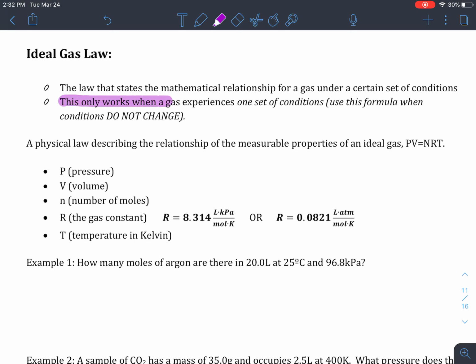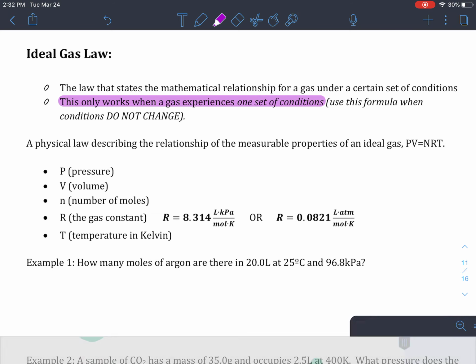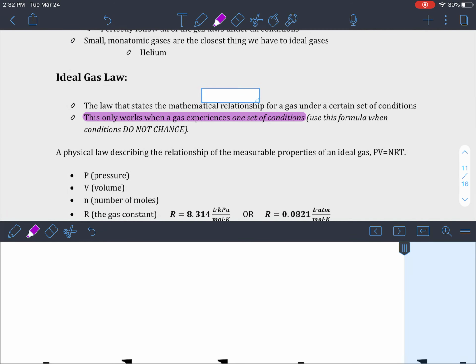If you notice in the center of the page, this only works when a gas experiences one set of conditions. A lot of times there's confusion about when to use the combined gas law versus the ideal gas law. Well, for the ideal gas law, it's only one set of conditions.